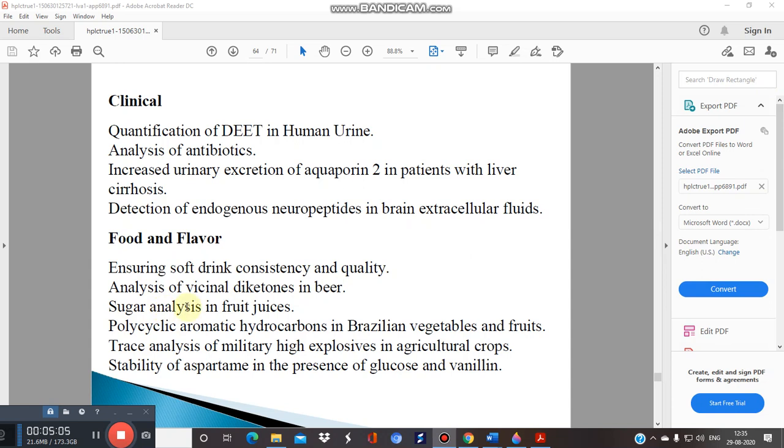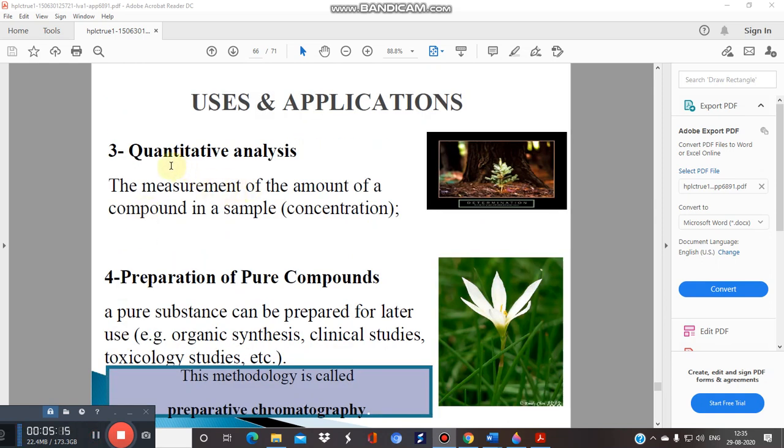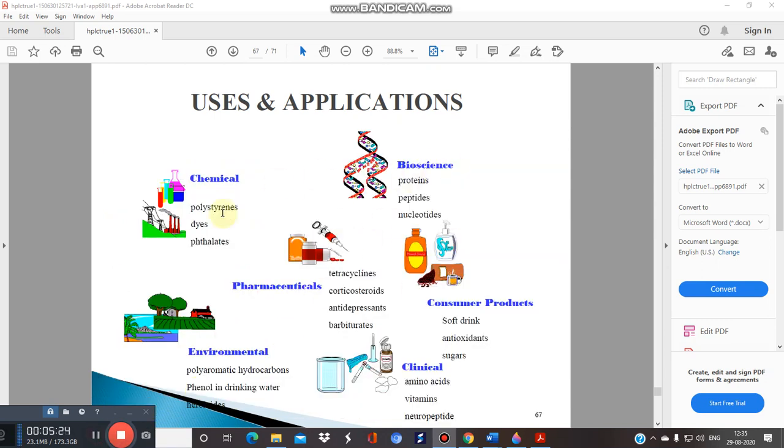We analyze sugar in different fruit juices also. In agriculture crops, we analyze trace materials, or you can say micronutrient analysis. Yes, it is used for quantitative purposes as well as the preparation of pure compounds, or purification purposes. So this is very important. It has chemical, environmental, pharmaceutical, clinical and soft drink applications, you can say in the confectionery industry also, and of course in the biosciences.